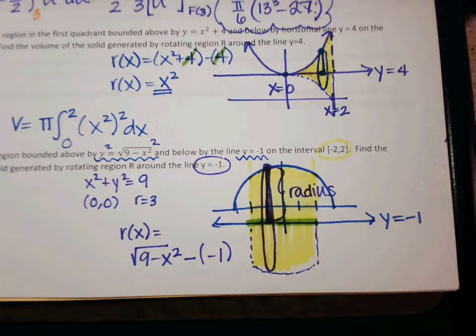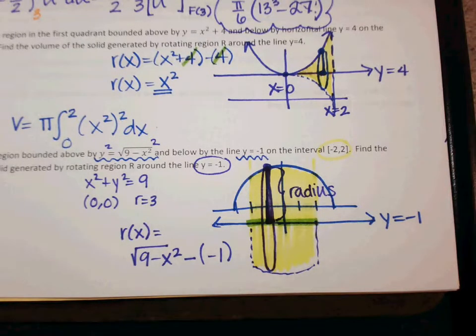Why would it make sense that minus -1 would be the other part? Because if this is my y value, what do I need to do to get my radius? Add one more, right? However long this is, I'm going to add one more to get to the center of my shape. Does that kind of make sense? If it doesn't, though, don't stress. Top minus bottom. What's on top? This guy. What's on bottom? This guy. Okay? And then how do we set up our integral? Volume equals?